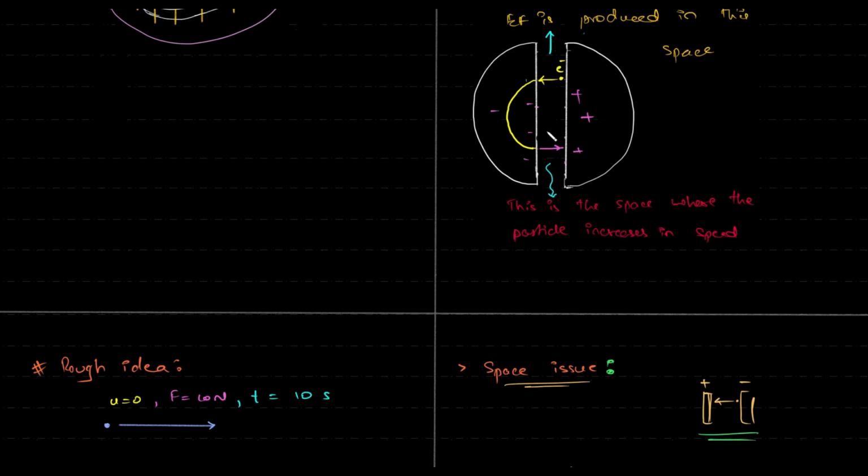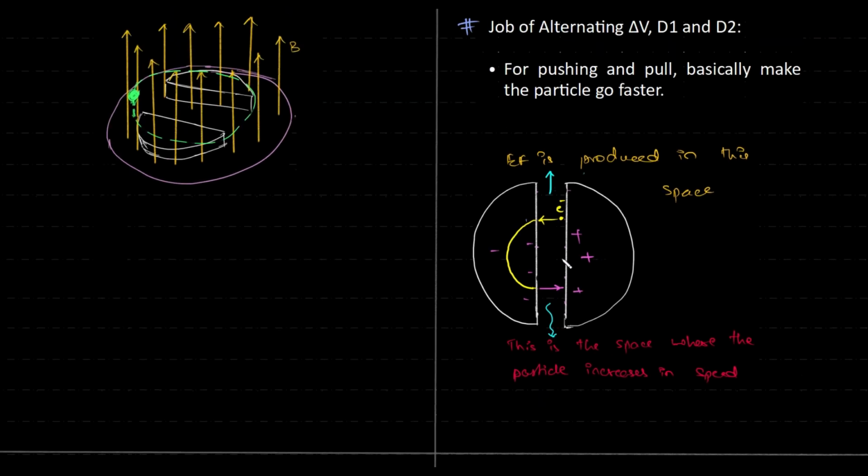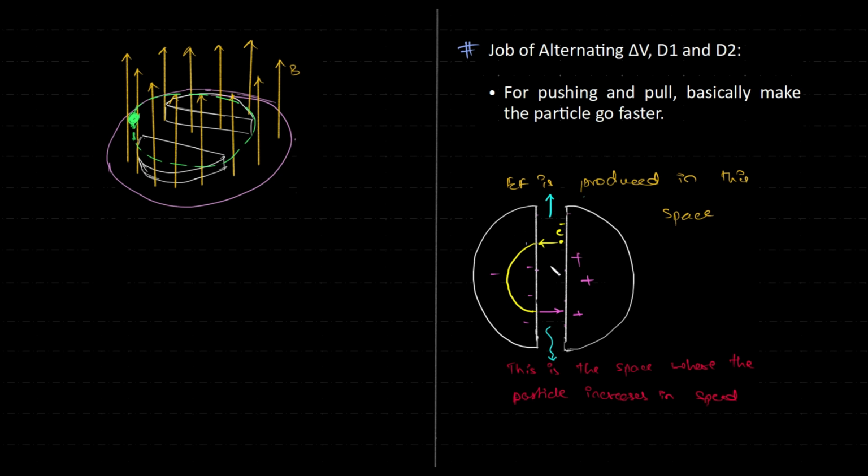If I keep doing that, what will happen? The velocity of the particle will increase. As simple as that. So basically, we need something that can switch between these two plates, making this one positive and then that one positive. So keep alternating. And that's why we have alternating voltage.